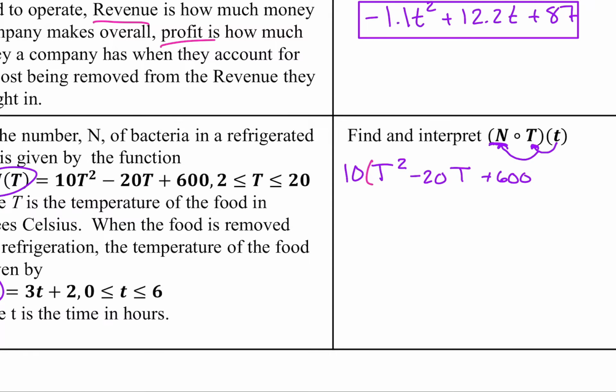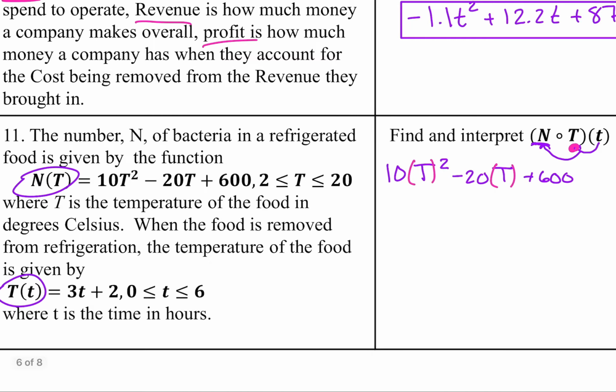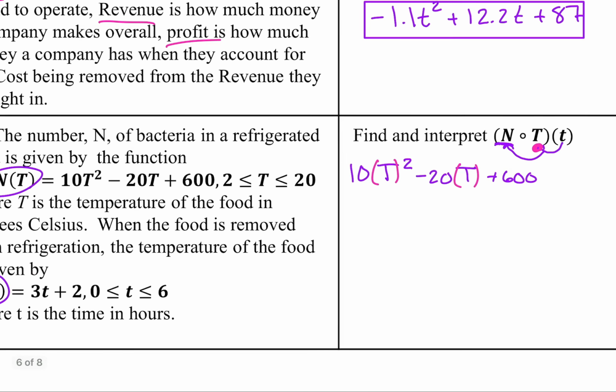And anywhere we see a capital letter T, we're going to take it out and plug the equation of T of t in. So I'm going to plug in 3t plus 2. So instead of putting T, we'll put negative 10 times (3t plus 2) squared minus 20 times (3t plus 2). And then I've got this plus 600 that's going off at this end piece right here.